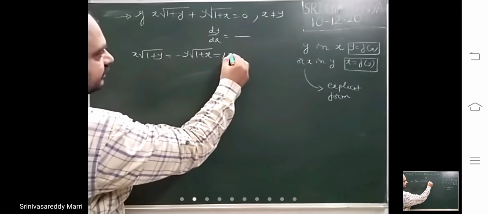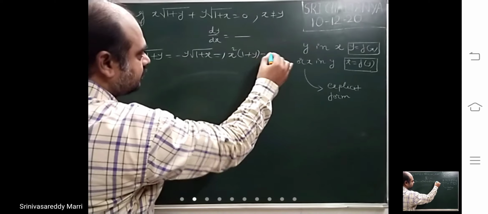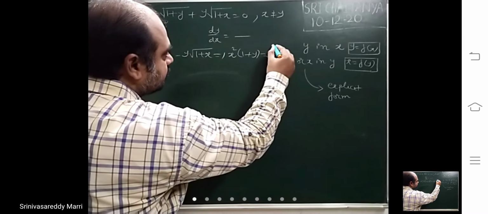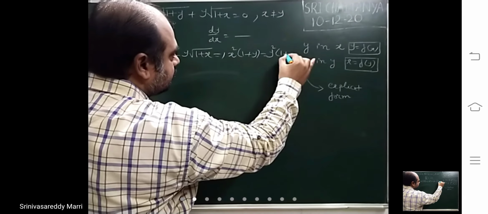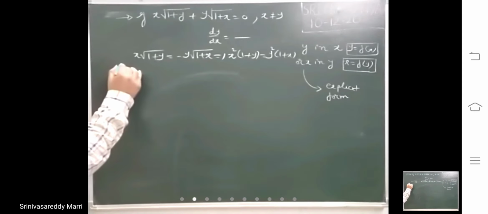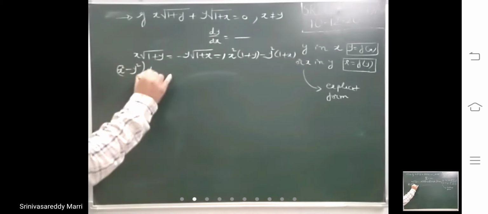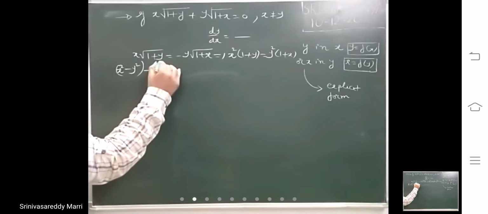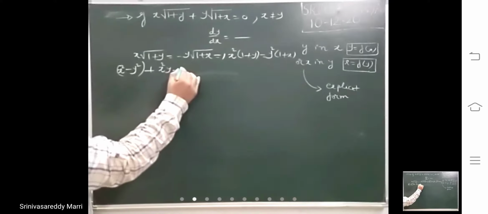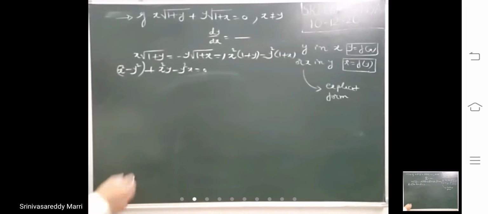I am squaring, and bringing all this to this side: x square minus y square plus x square y minus y square x equal to 0.